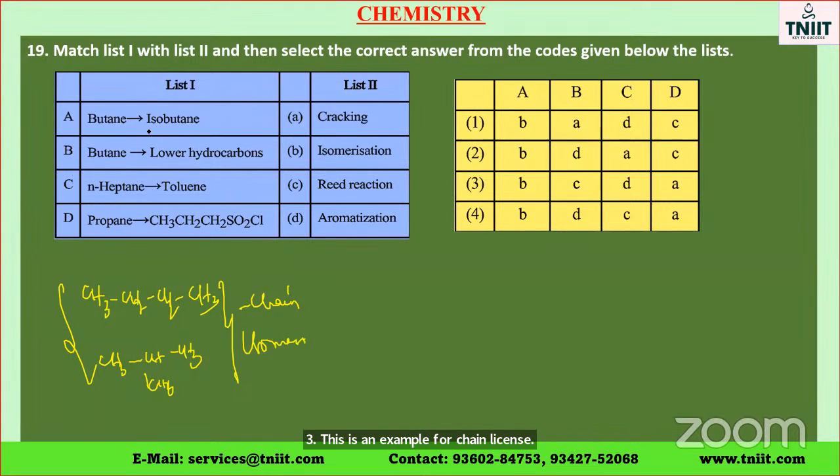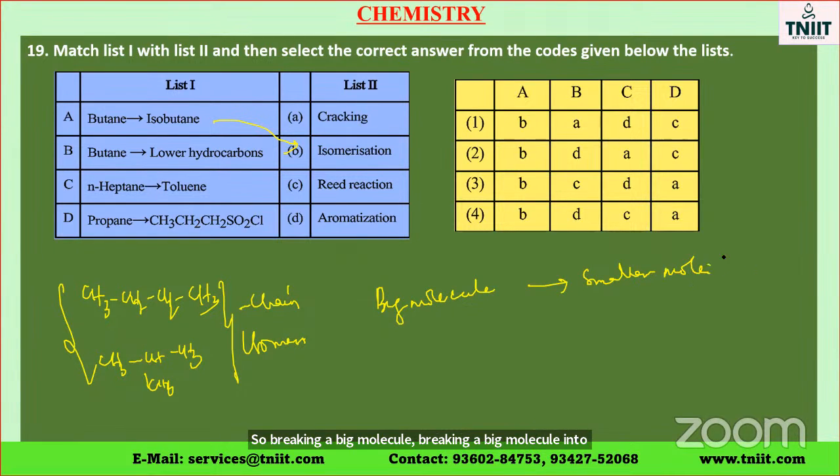So for butane, the correct option is this. Butane to lower hydrocarbons. So breaking a big molecule into smaller molecules is called cracking. So for the second one, it is option A, cracking.